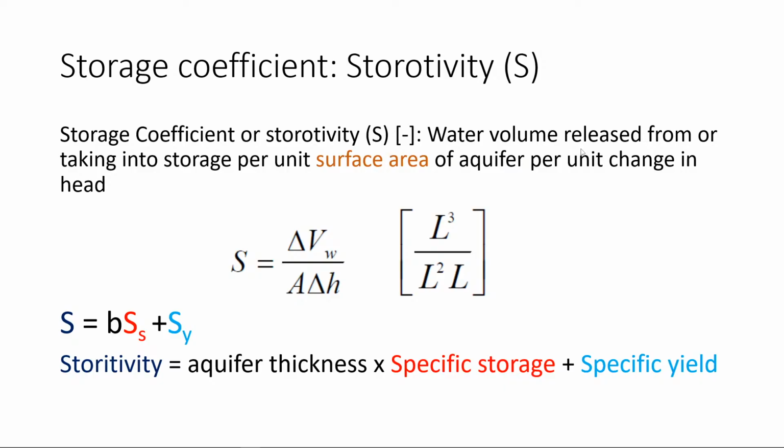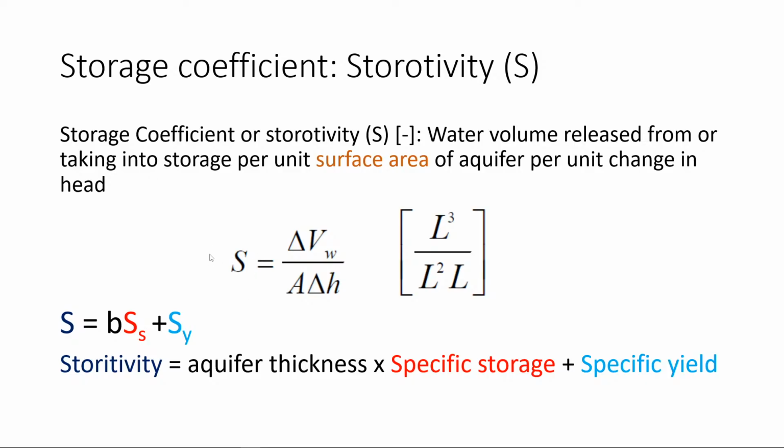Listen to me, don't just read it. It is the water volume released from or taken into storage. So you have the water volume per unit surface area of the aquifer per unit change in head.